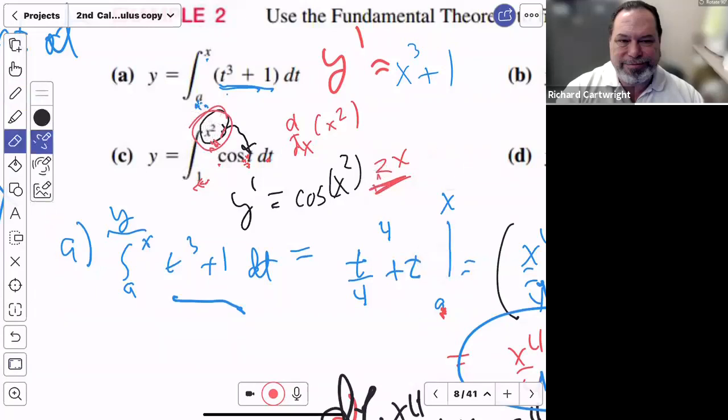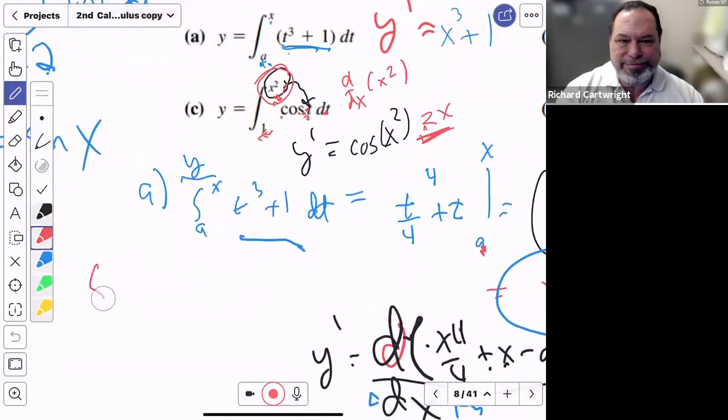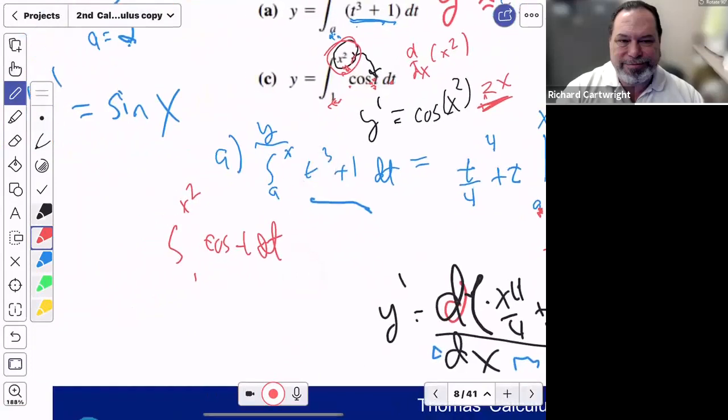Now, this one you probably could have done by hand. You literally could have just first integrated from 1 to x squared of cosine of t dt. That would have given you, what is the antiderivative of cosine, a negative sine from 1 to x squared.